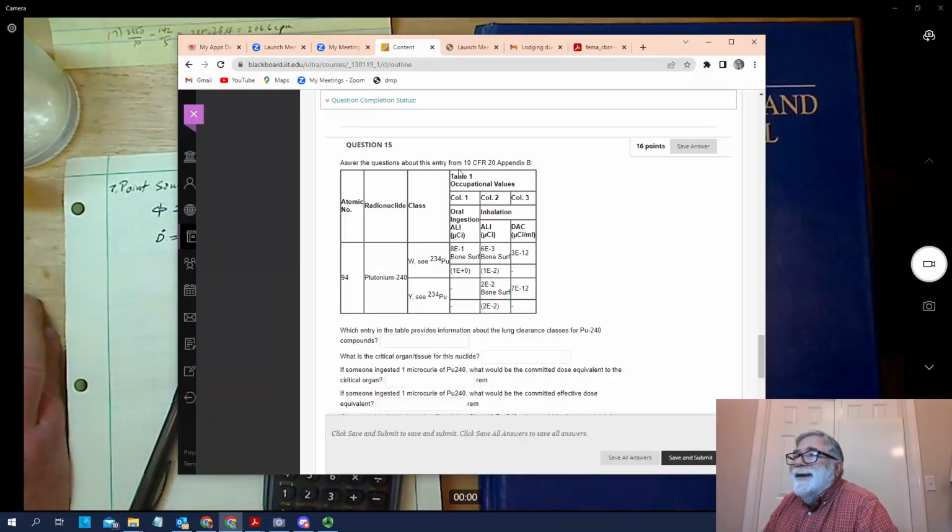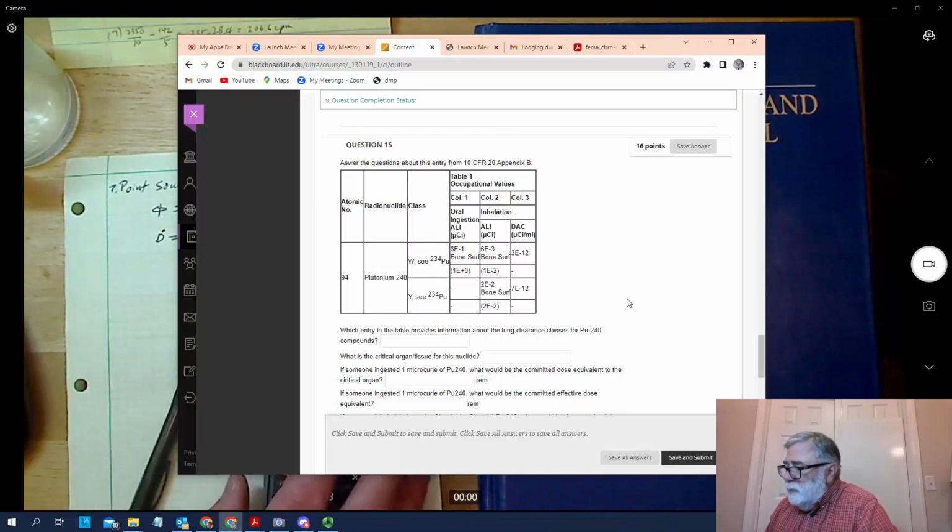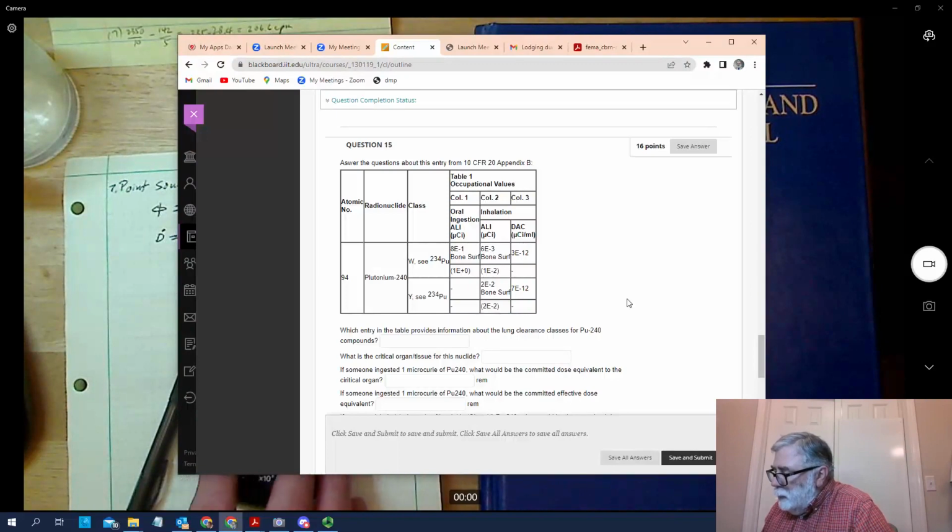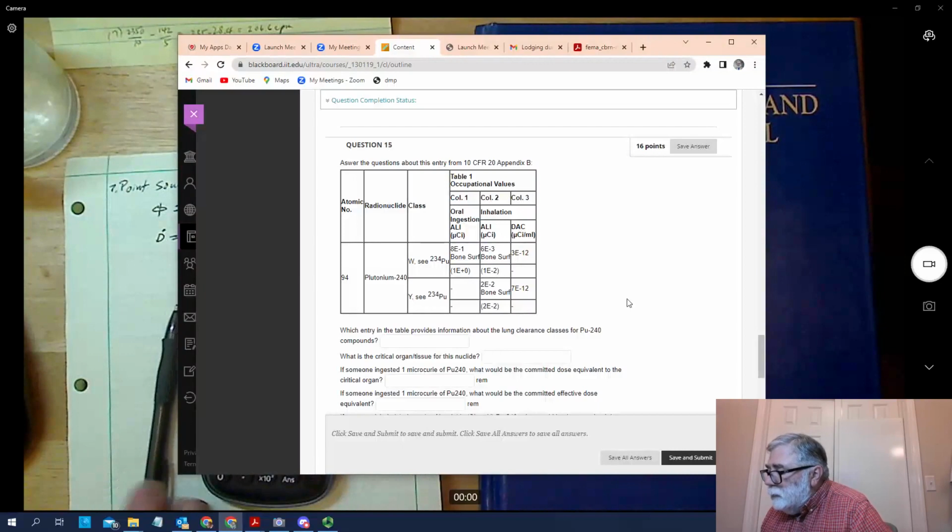So we're doing oral ingestion. The dose coefficient is 0.8. So if they ingest 1 microcurie, that is 1 divided by 0.8, which is 1.25 times the critical organ dose limit.